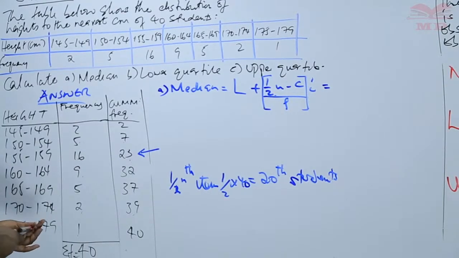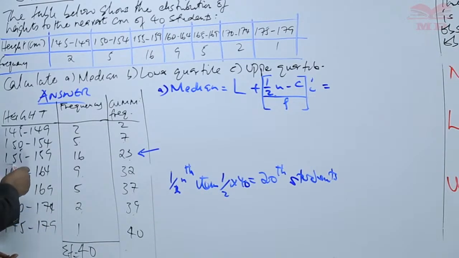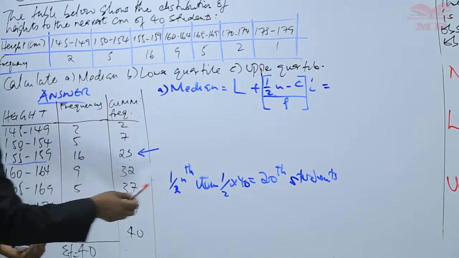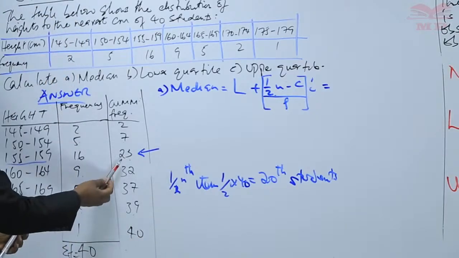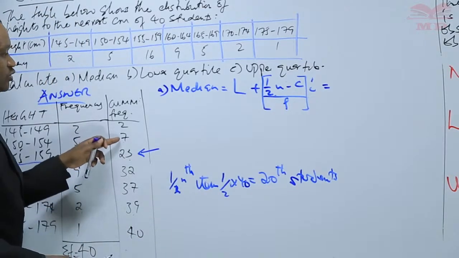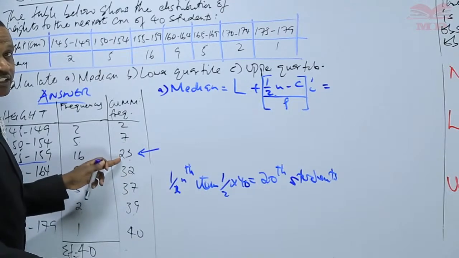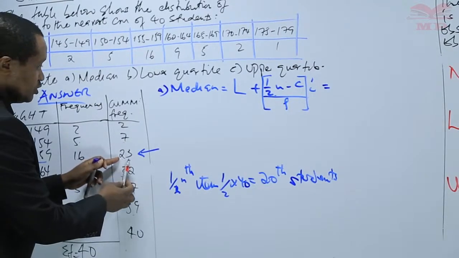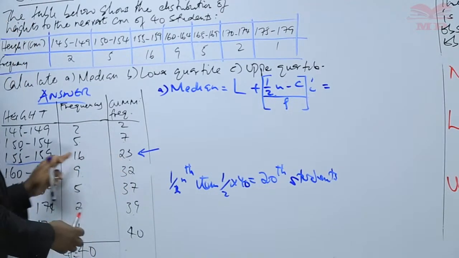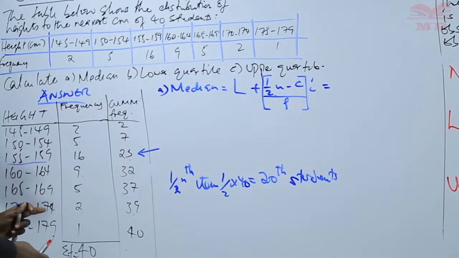This is the class where the 20th student lies, because the 20th student cannot lie in the classes before or after it. The 20th student is within this cumulative class of 155 to 159.